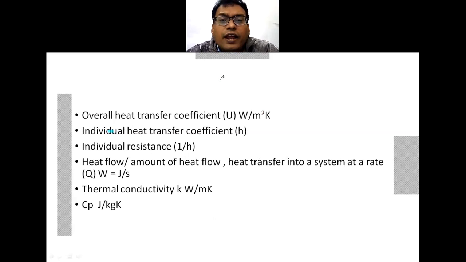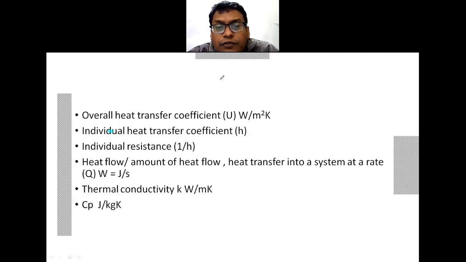Here you also require the overall heat transfer coefficient, U, which has the units of watt per meter square Kelvin. Then the individual heat transfer coefficient h also has the units of watt per meter square Kelvin. Then the individual resistance is the reciprocal of the heat transfer coefficient, so the units become 1 upon h units, that is meter square Kelvin per watt.